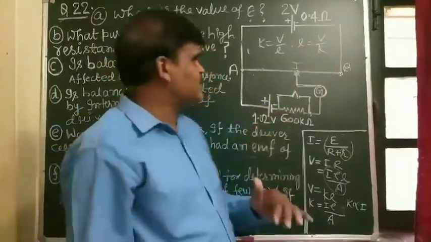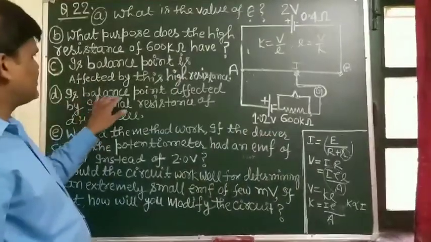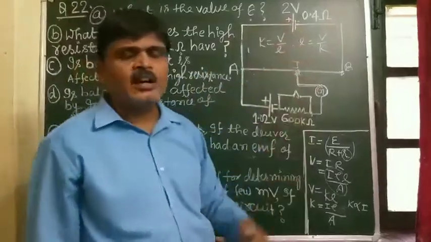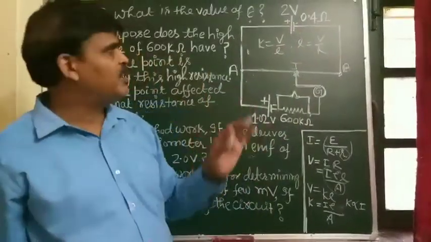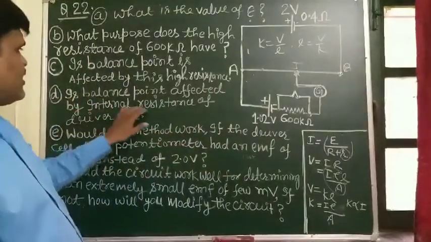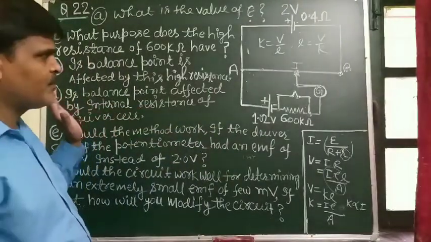So in general we can say, is the balancing point affected by internal resistance of the driver cell? Answer is yes. Balancing point is affected by internal resistance of the driver cell.